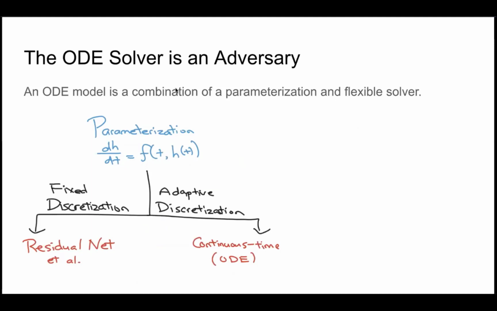But whether a discretization is coarse depends on how regularized f is. If f changes significantly within a small interval, then the step size needs to be small enough to not miss that information. In this case, the solver we use acts as an adversary to the objective that we want to optimize. Its job is to ensure that the model remains within this constraint set, which often opposes the objective itself.